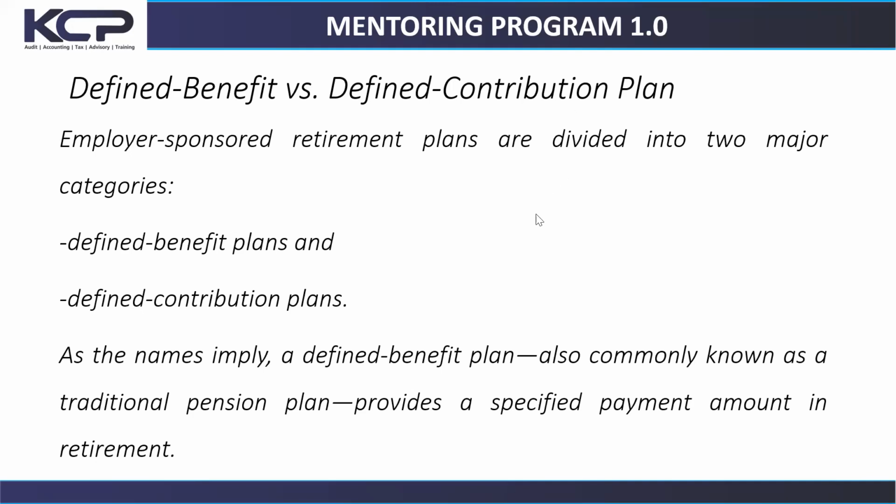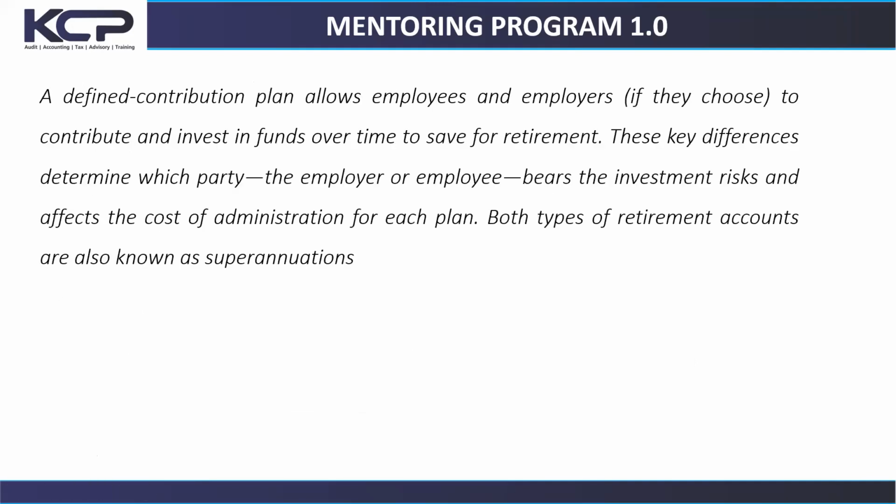So what this means is that we are looking at those policies that every organization operating within Nigeria is expected to provide for their employees, particularly after their working lifespan.